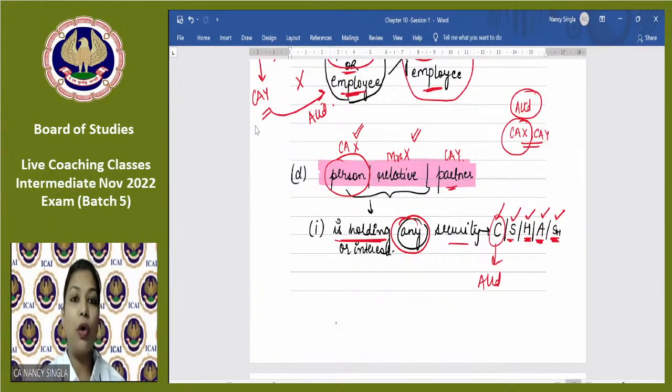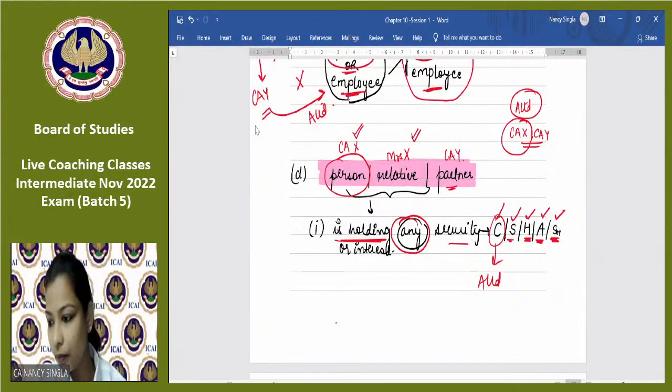Here we are talking about the eligibility of CAX, whether he is eligible to be appointed as auditor of A Limited. So he is not eligible if either he himself or his relative or his partner is holding any security, be it a share, be it a debenture, any security or interest, not only in A Limited, not only in the company, but also in the subsidiary, the holding, the associate, or other subsidiary of the holding of A Limited.